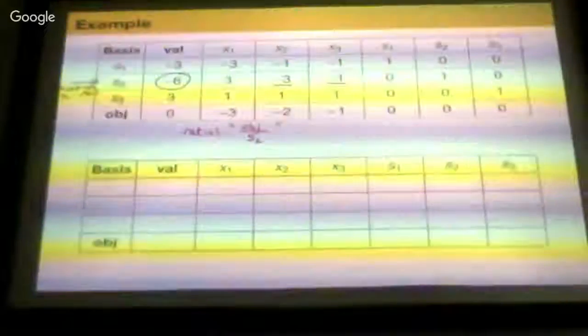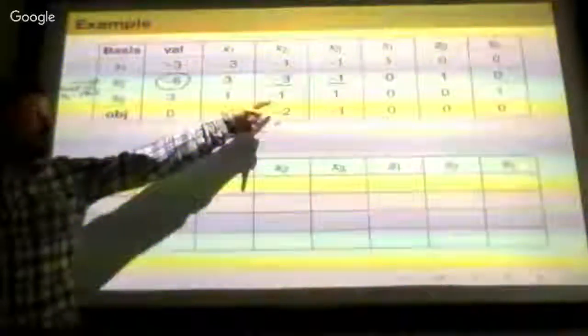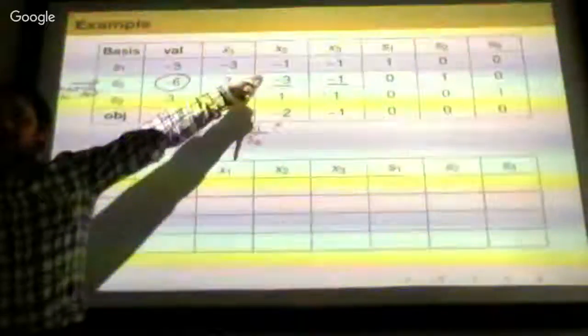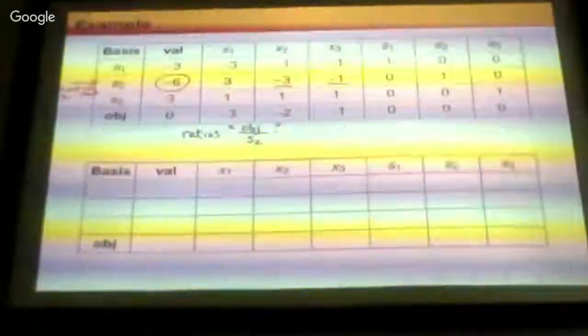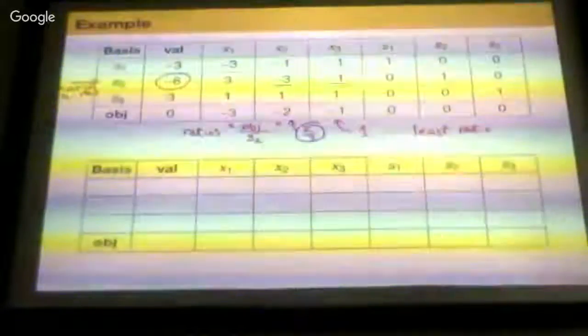Okay, and so here what do we get? 2/3, because it's the -2 in the objective row divided by the -3 in the S2 row. So there it's 2/3, and here it's 1. And just like before, we take the least ratio. And the least ratio is this one. So the -3 is going to be our pivot element.